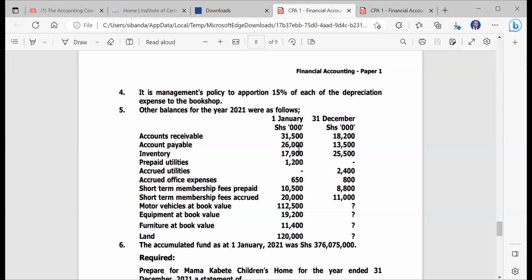So this 31, which is a balance brought forward. Now, in our so-called receivables, somebody says we debit this, and somebody says we credit.